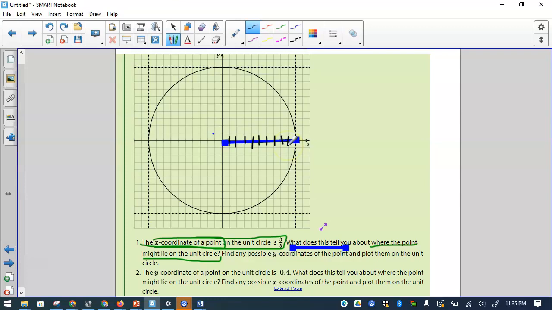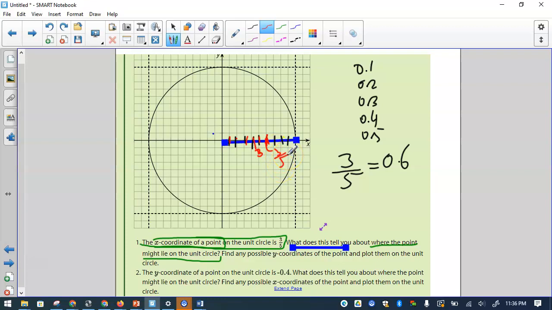Each one of them will be like 0.1, 0.2, 0.3, 0.4, 0.5, and like that. So 3/5 basically means it will be 0.6. So where is 0.6? We mark 1, 2, 3, 4, 5, and 6. So the x coordinate here is 3/5.